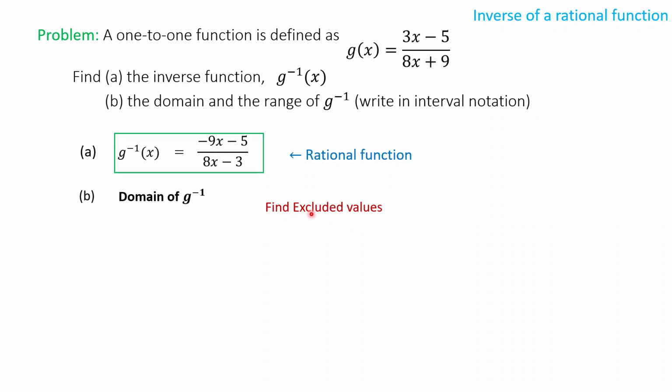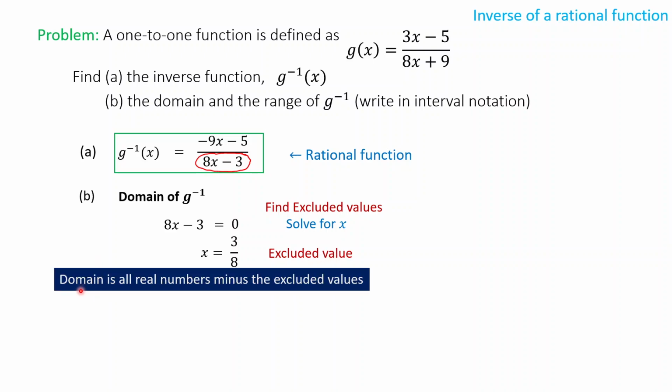To find the excluded values, you need to take the denominator and put this equal to 0. Now, solve for x. If you solve this equation, you will get x is equal to 3/8. This is the excluded value.